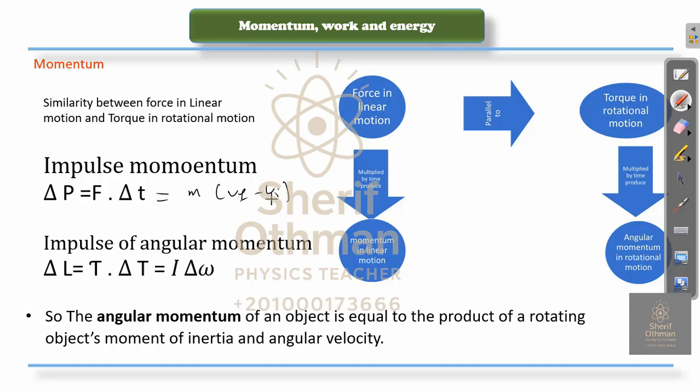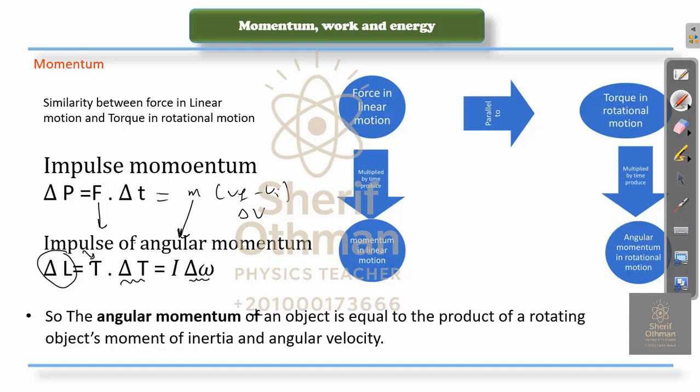V final minus V initial is the delta V, so we can write the impulse of angular momentum delta L as a torque multiplied by delta T. Force is equivalent to the torque, or the mass, which is equivalent to the moment of inertia, multiplied by delta omega, and delta omega is the change in angular velocity.